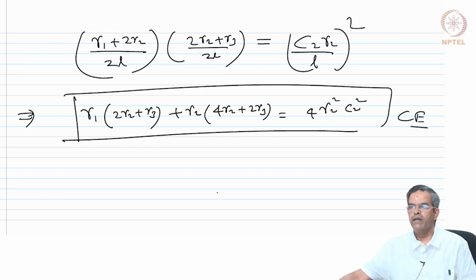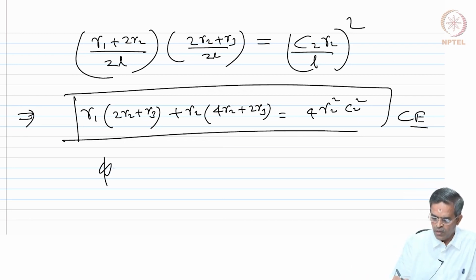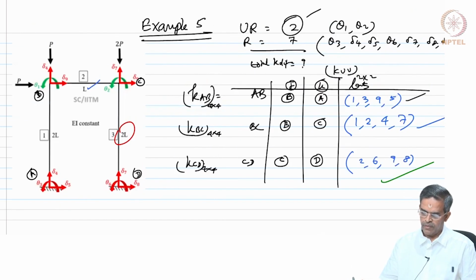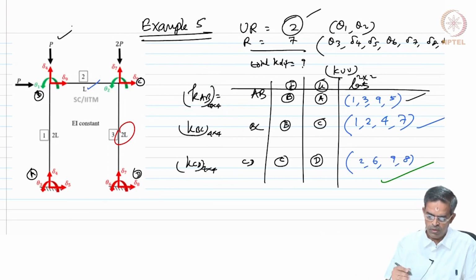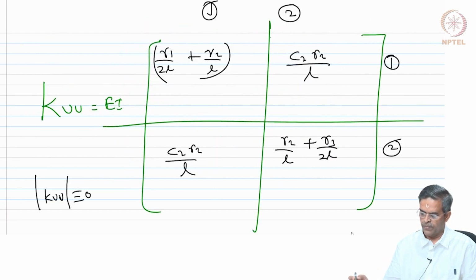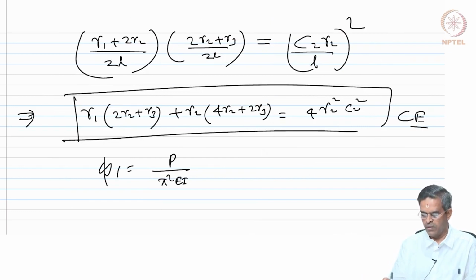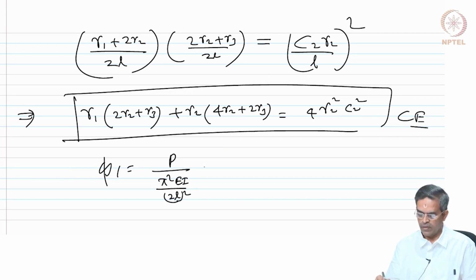But further, let us also write phi 1. See the figure. Phi 1 will be P, phi 2 will be P, whereas phi 3 will be 2P. Okay? So phi 1 will be P by pi square EI by 2L the whole square, which will now become 4P by pi square EI by L square.